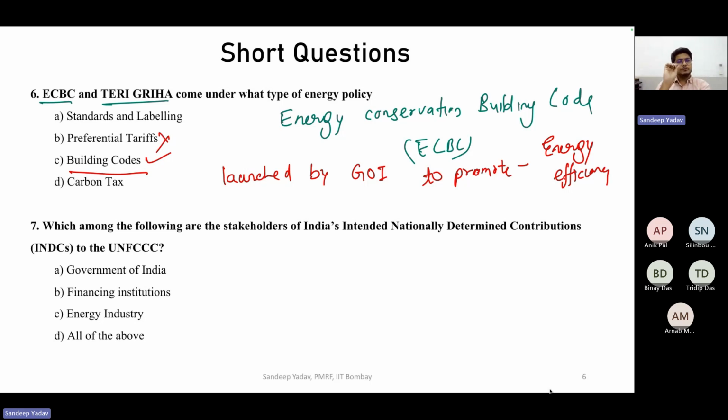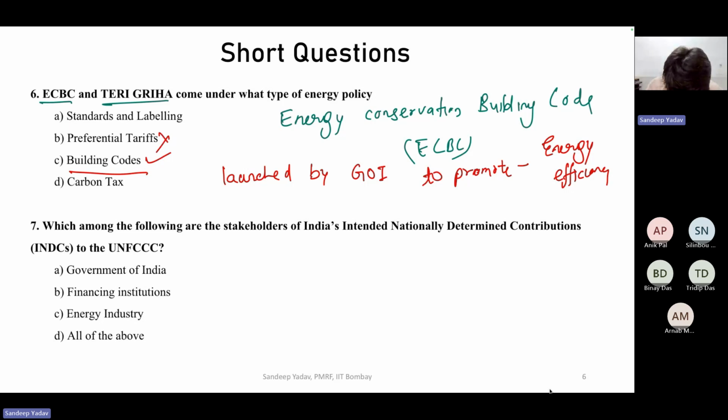Now, question number 7. Which among the following are the stakeholders of India's Intended Nationally Determined Contributions, that is INDCs, to the UNFCCC? Government of India, financing institutions, energy industry, or all of the above.